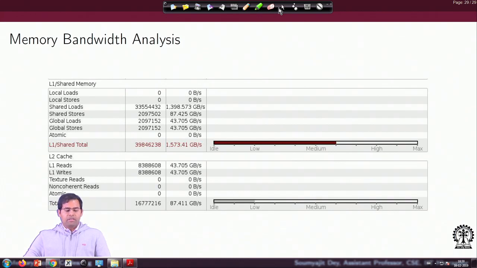Similar for writes. Coming to shared memory, it is arranged in banks, and consecutive data points are written by the threads in a warp in consecutive banks. So, if I have 32 banks and I am going to write 32 consecutive data points, they will be written consecutively across the banks, but only if it is such a regular access pattern.